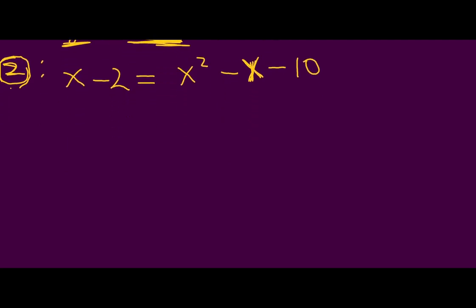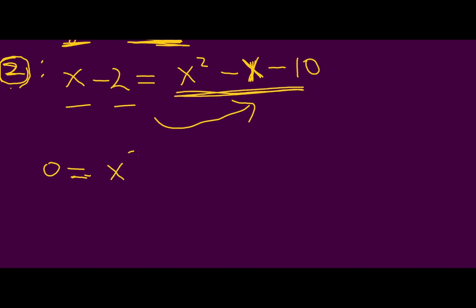So we're going to take these two terms to the other side, and to do that we're going to be left with 0 on this side, so that is 0 equals, I'm going to start by writing all these terms, x squared minus x minus 10.